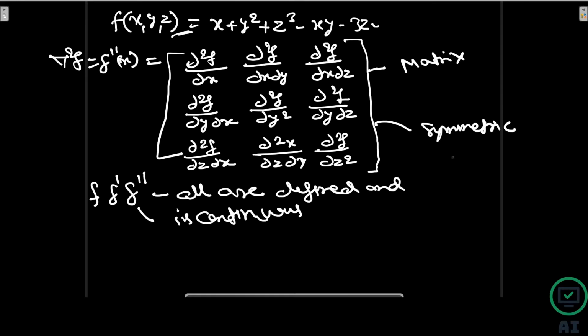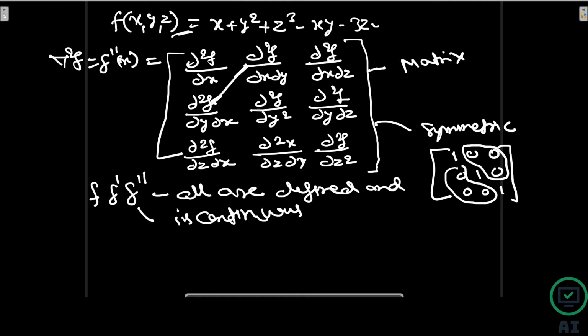So I hope you know what a symmetric matrix is. The identity matrix is a symmetric matrix. I'm just explaining what a symmetric matrix is. So the upper diagonal element and the lower diagonal element would be the same. So that means this particular element would be the same as this one, and then this and this would be the same.